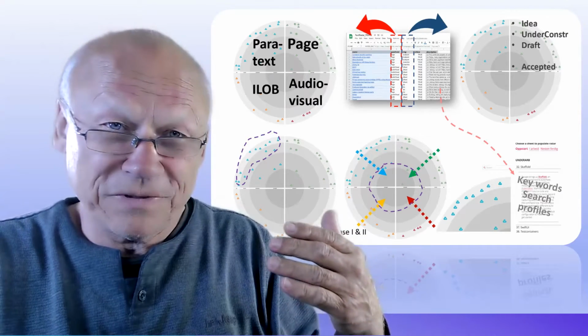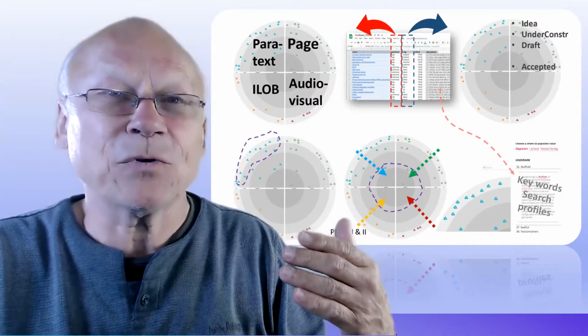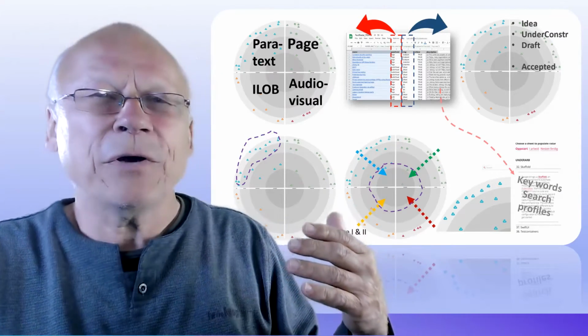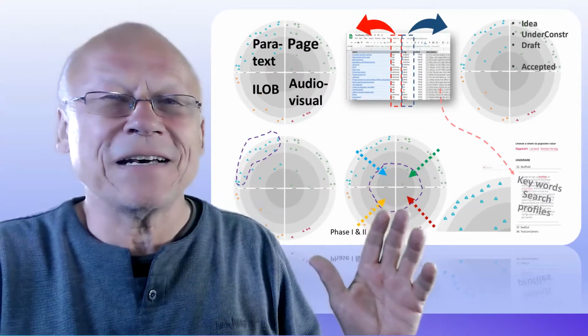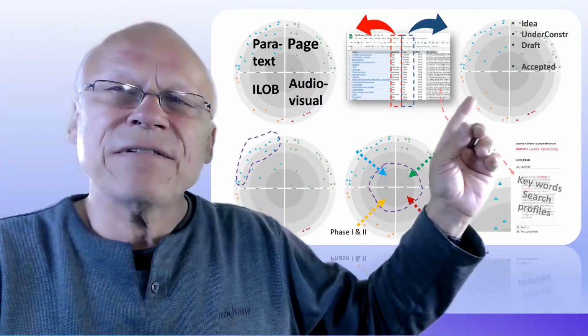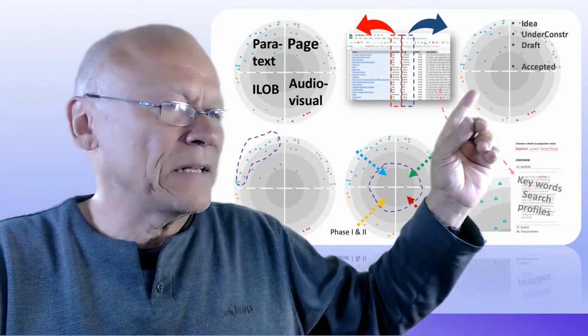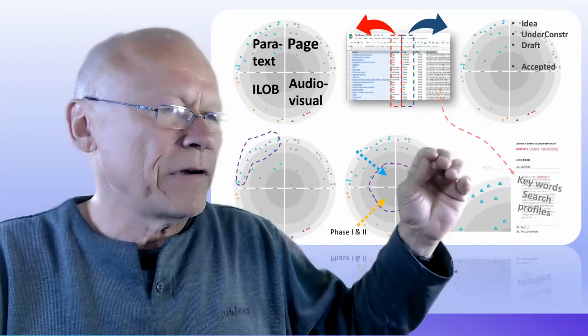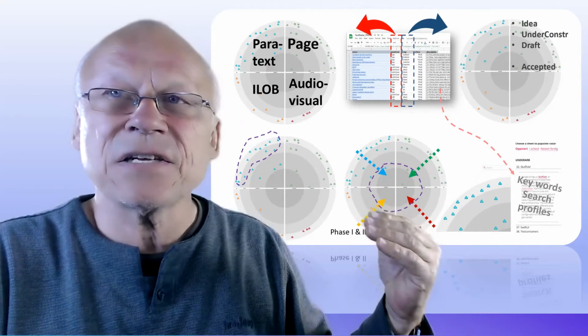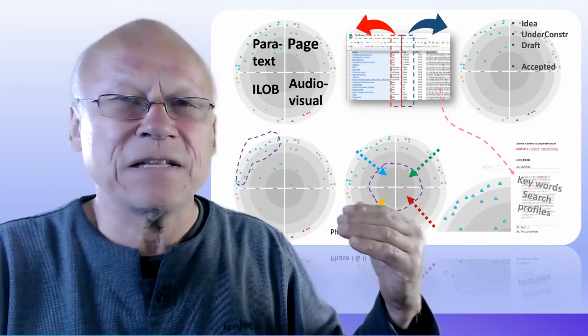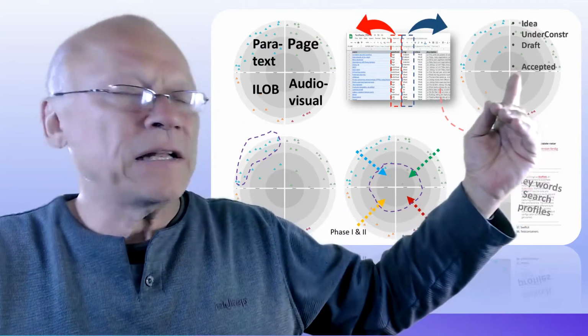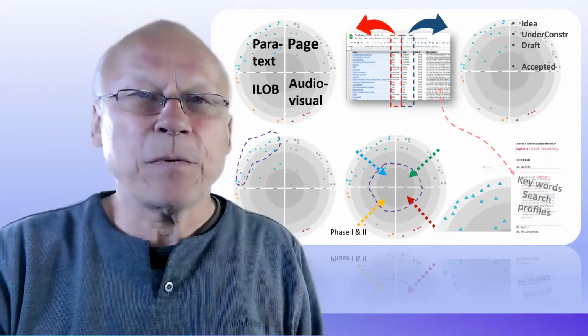We don't go deeply into that because paratext is a complex concept, but let that stay as it is for now. And then we have these bands from the outer rim, where you have the idea stage, and then under construction, and then drafts, and then finally things that are accepted for publication.